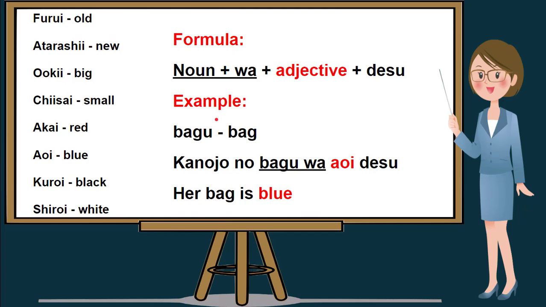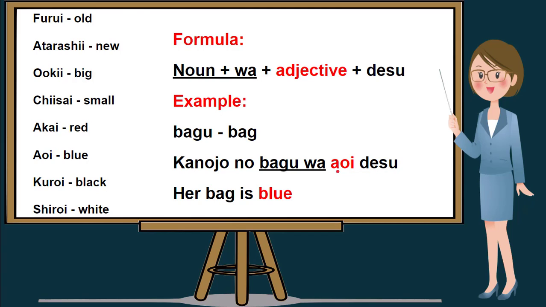Let's take another example. This time, we will be using bagu or bag as our noun. And this time, we will be adding the pronoun kanojo no, which means her in English, plus the noun baguwa plus the adjective, which is oi, and desu.